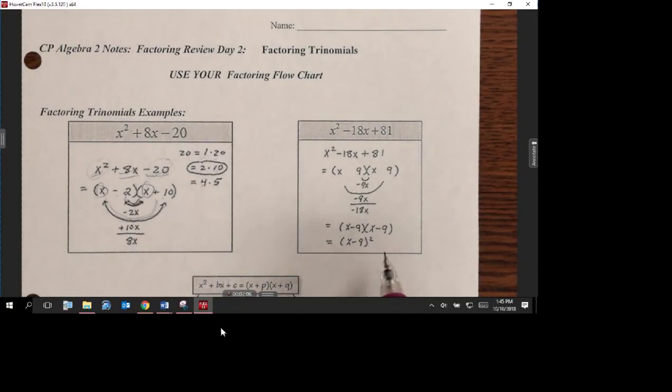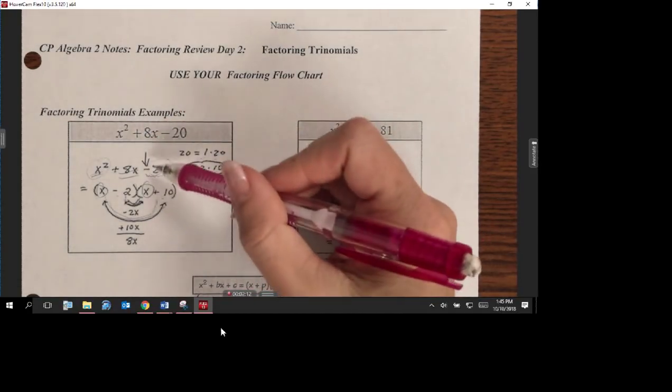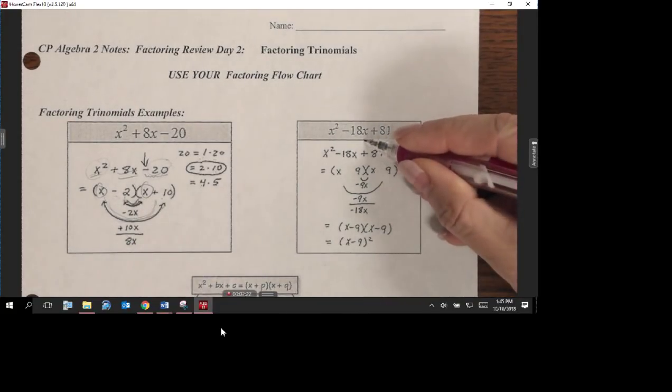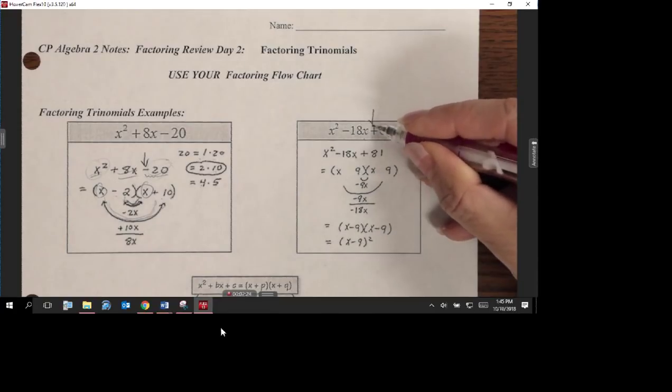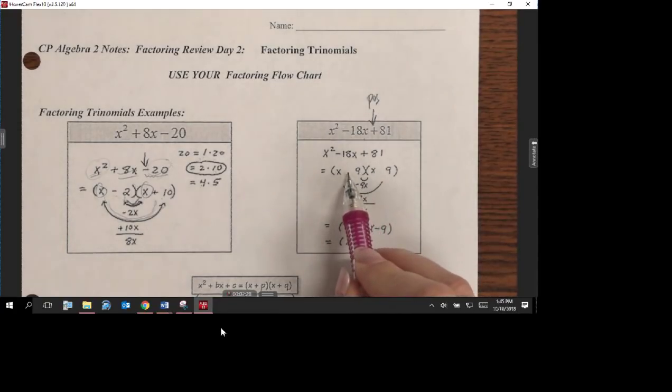There are two main things that you really need to see in these examples. One is the signs. If this last sign is negative, you're going to have one positive and one negative. If this last sign is positive, you're either going to have two positives or two negatives.